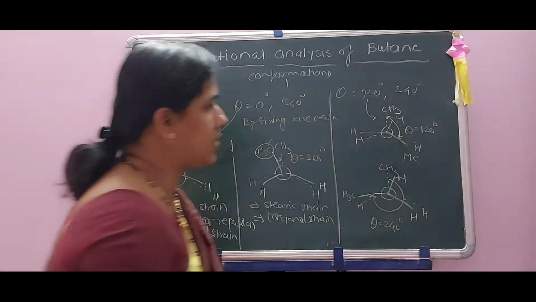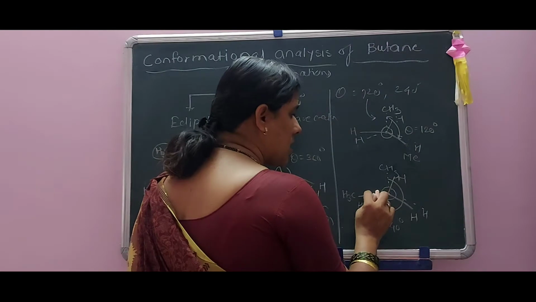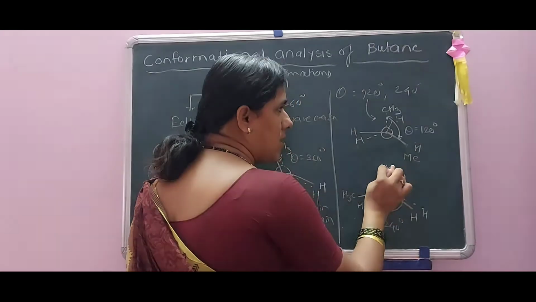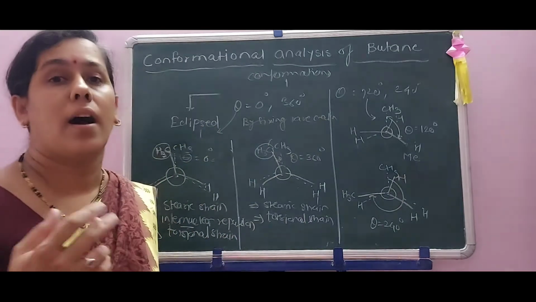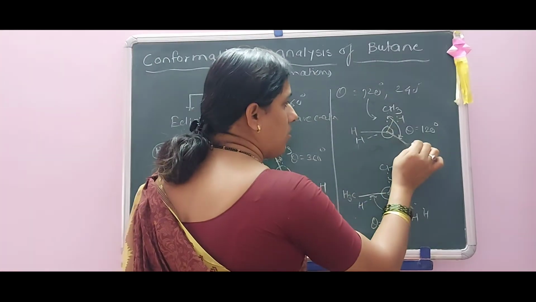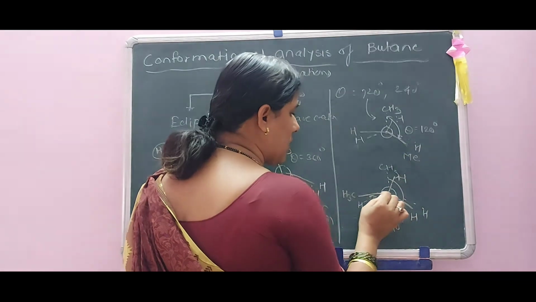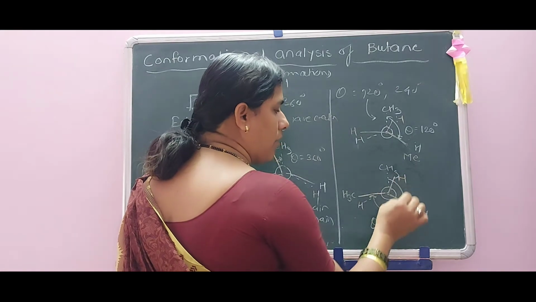Already the CH3 on the front and rear carbon atoms have a bond angle equal to 120, and here also the angle is 240 degrees.